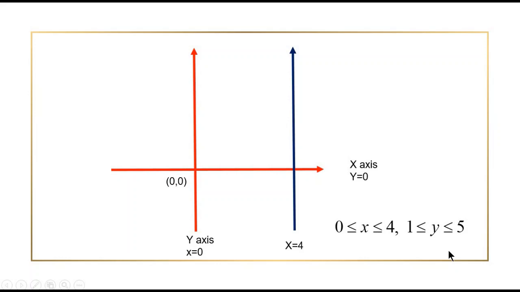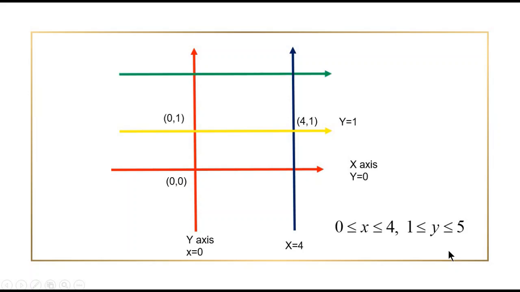So this is our x equal to 4, y equal to 1, and this point is (4, 1), this point is (0, 1), y equal to 5, and this point is (4, 5), this point is (0, 5). And my question is how to find the region bounded between these two lines as well as the region bounded between these two lines, which is nothing but this rose colored region, and here is where our joint PDF is defined.